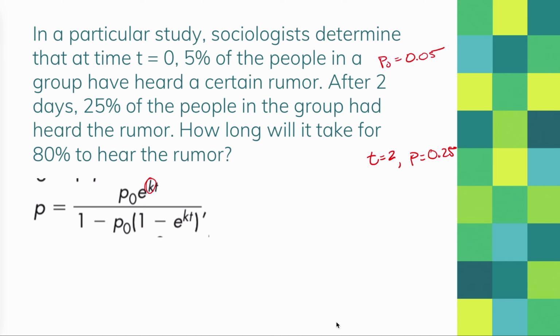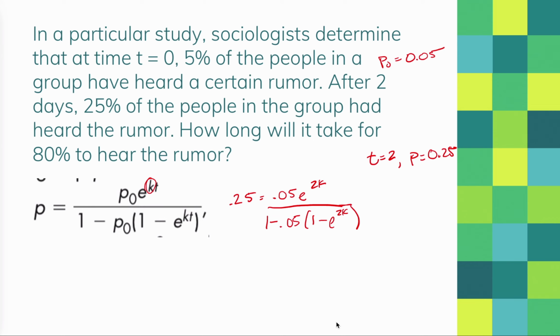So set this equal to 0.25, and this is 0.05 e to the 2k over 1 minus 0.05 times 1 minus e to the 2k. And we're going to have to get e by itself in order to take a natural log.